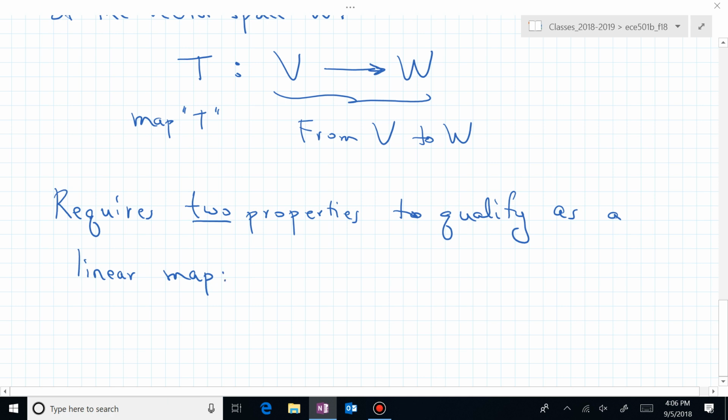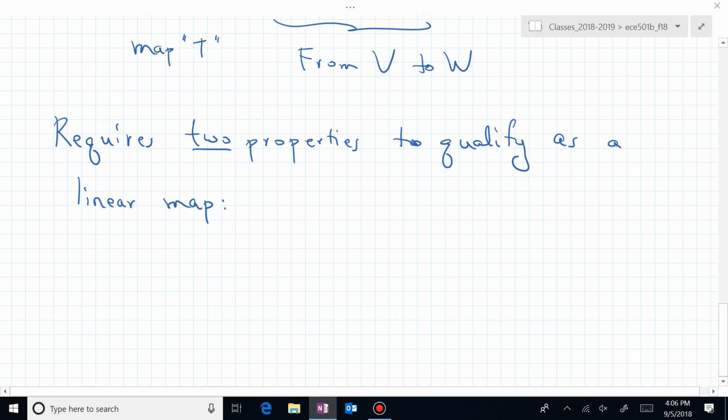And those two properties are additivity, and that's what you would think it would be.